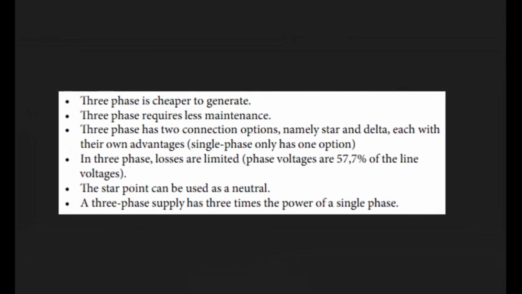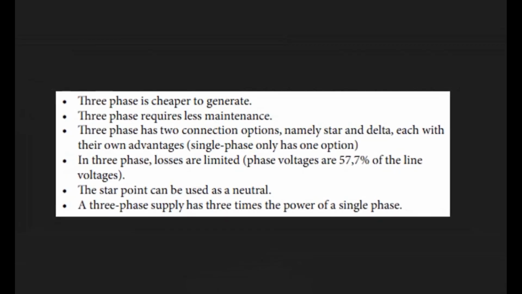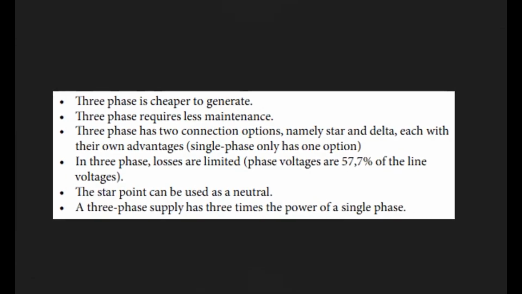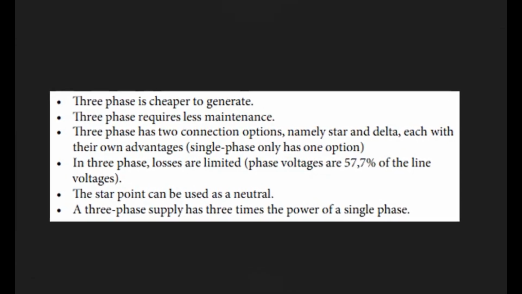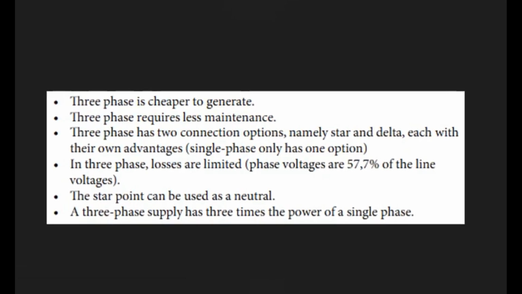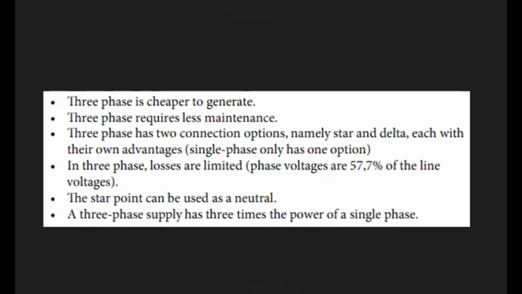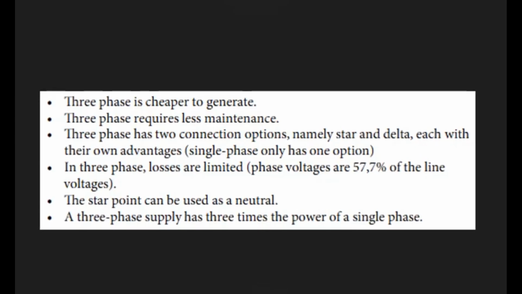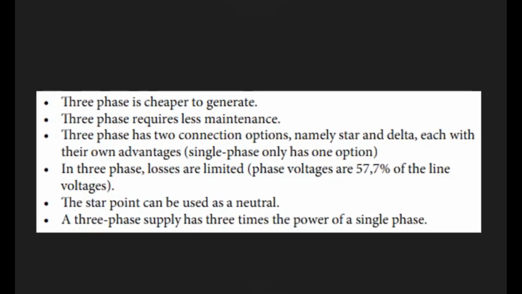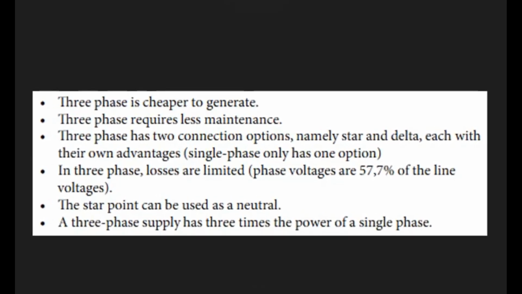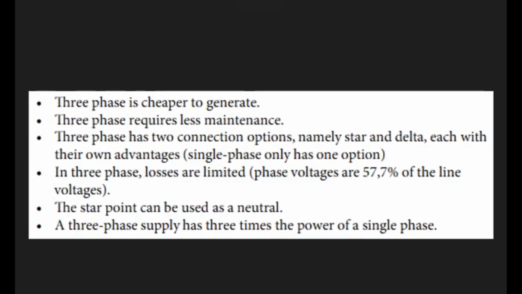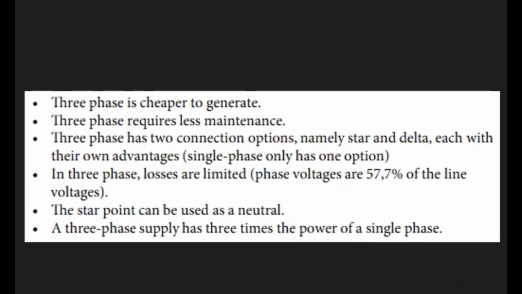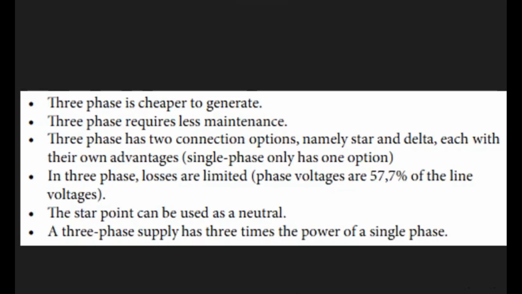Three-phase is cheaper to generate. Three-phase requires less space. Three-phase has two connection points, namely star and delta, each with its own advantages. In three-phase, losses are limited. The star point can be used as neutral in the star generation, and three-phase supply has 3 times the power of single phase.